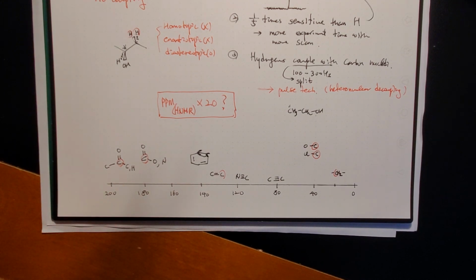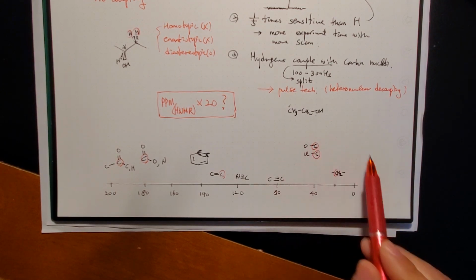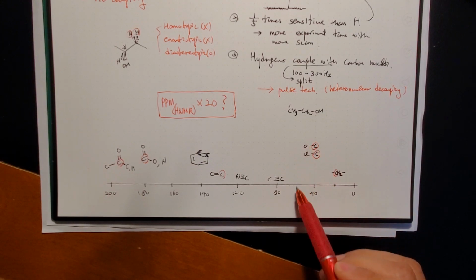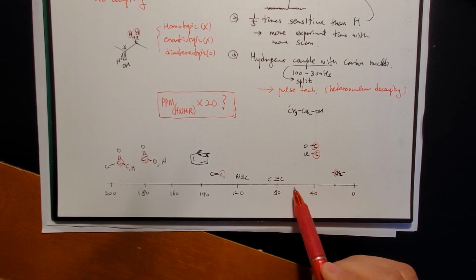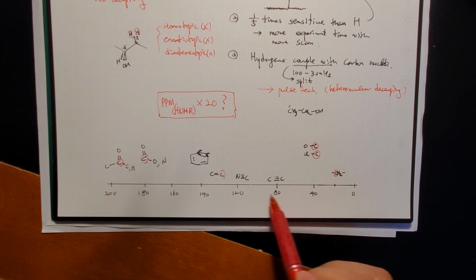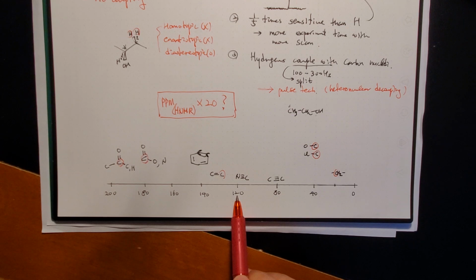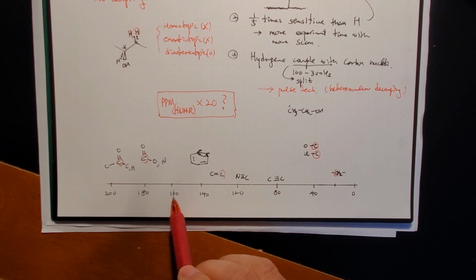So really, roughly speaking, sp3 is around 40-50, closer to 40-50 when you get an electronegative atom. After that, you have triple bond up to 120. Then double bond up to 160.